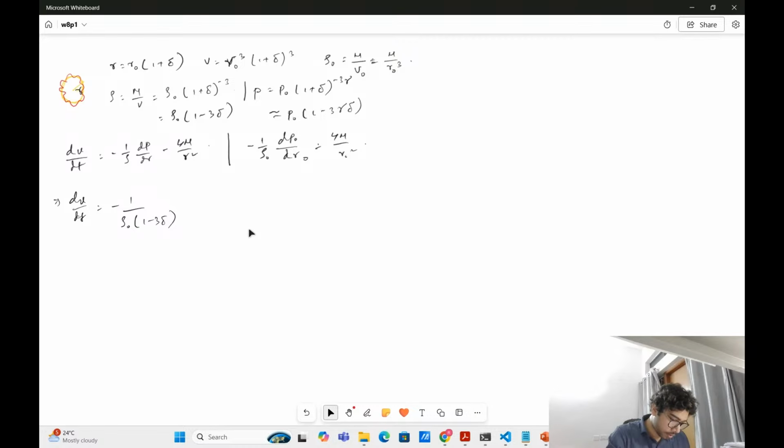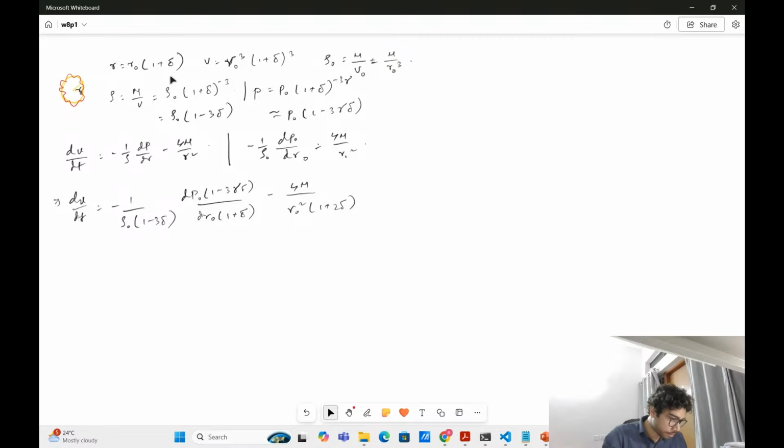So dP is (1 - 3γδ) divided by dr₀ times (1 + δ), minus GM/r₀² times (1 + 2δ). So P is replaced by this, r is replaced by this, and GM/r². So r² will be r₀² times (1 + δ) whole squared, and (1 + δ)² is 1 + 2δ + δ², but we are neglecting terms of second order in δ or higher.